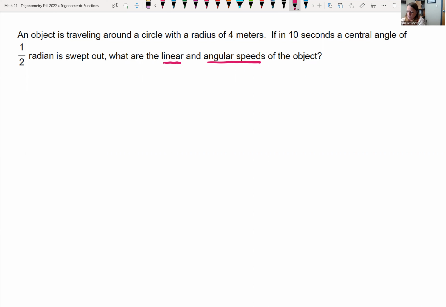We used omega for the angular speed, which was equal to the angle, which had to be in radians, divided by time. The linear speed was equal to the radius times the angular speed, or another way to write that was your arc length all over time.